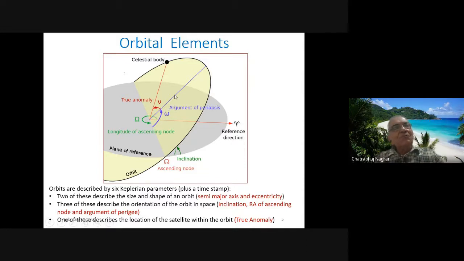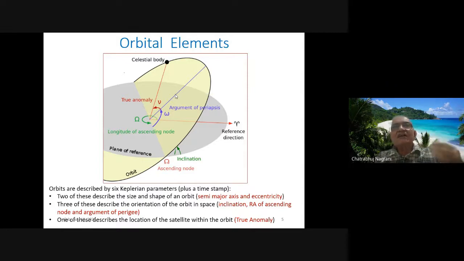Now to know the position of the satellite, I use the true anomaly, which indicates the position of the satellite. So these are called orbital elements or Keplerian elements, which many of you would have learned, but I thought that we should understand the significance of the 6 parameters. Then we don't have to remember them.